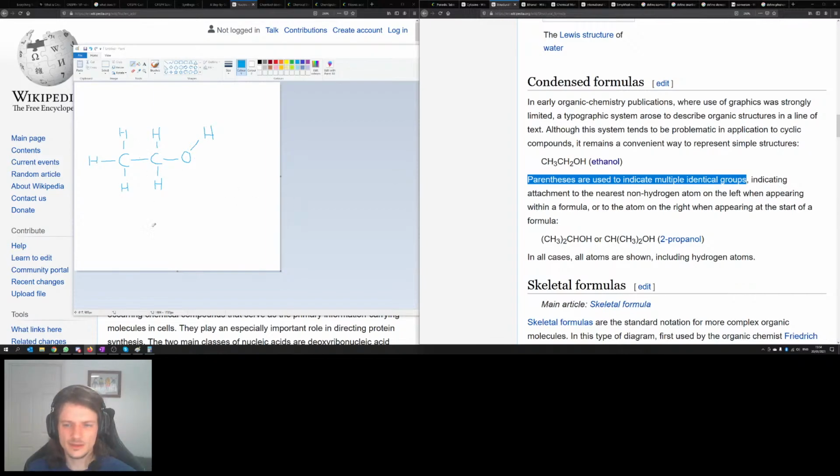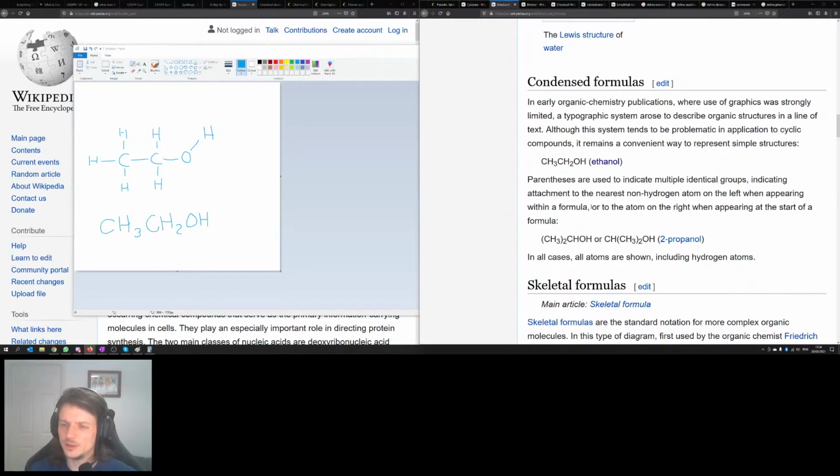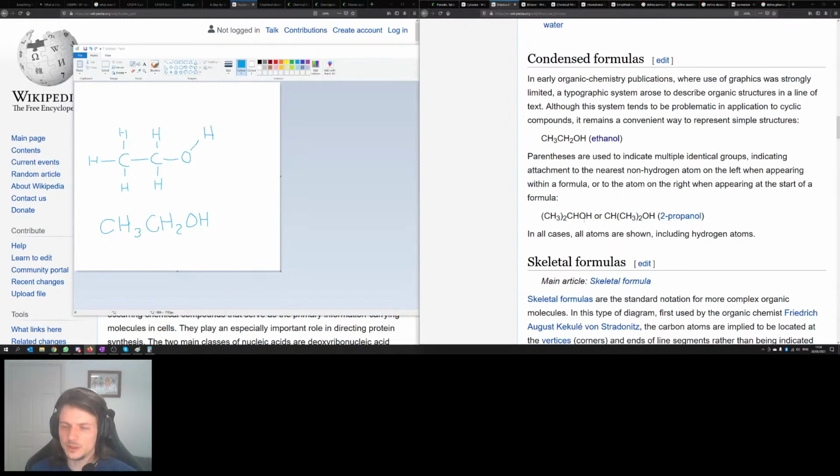So if you had, yeah, CH3CH2OH. Okay, so this is saying indicating attachment to the nearest non-hydrogen atom on the left when appearing within a formula, or to the atom on the right when appearing at the start of a formula.